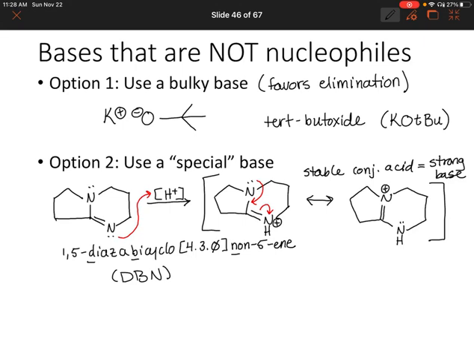All right, and then there's another base that's kind of similar to this one, but it's called DBU. And so that looks like, let's see if I can draw this, because there's a 1, 2, 3, 4, 5, 6, 7-membered ring. And these are kind of hard to draw.